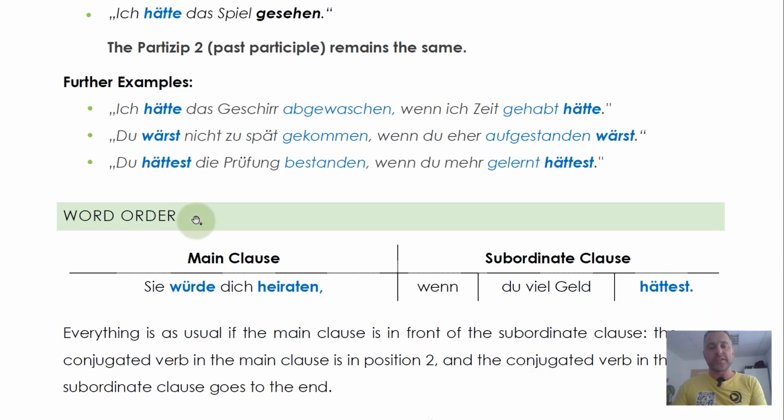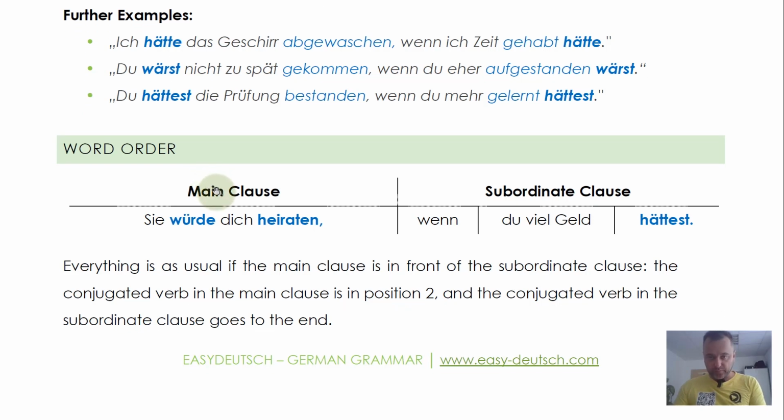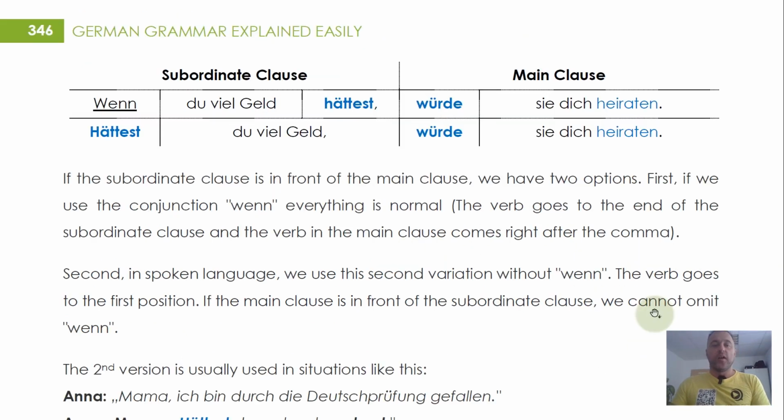Where you have to pay attention, a little bit at least, is the word order. So here, if we have a main clause in front of the subordinate clause, everything is as usual. Main clause, normal in front, and then followed by the subordinate clause, because often this is actually used with wenn or als ob. So in subordinate clauses, pay attention, verb to the end, right? That's all normal.